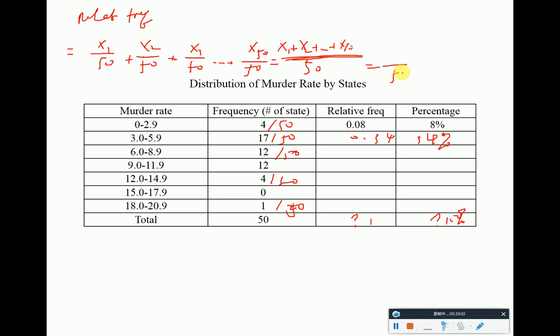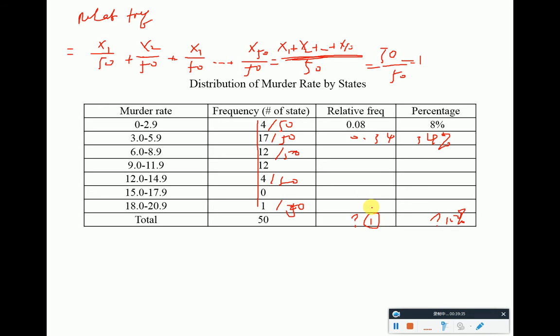So that means regardless of what each of these values are, it can be 3, 4, I don't care, all these values should always add up to the total amount of observations. It's 1. And the percentage for 1 is 100%.